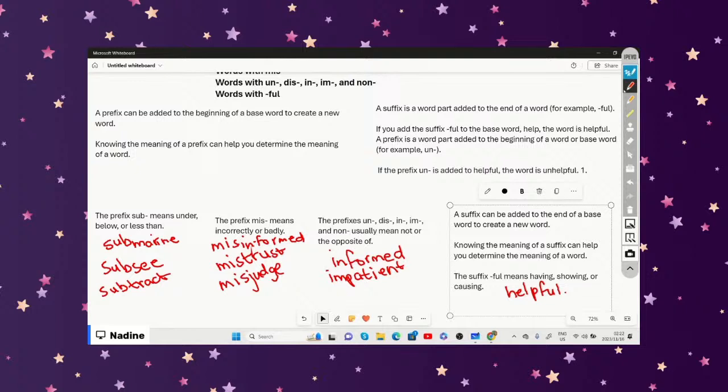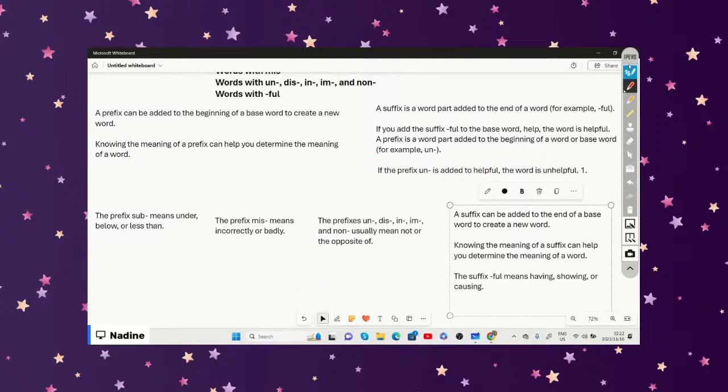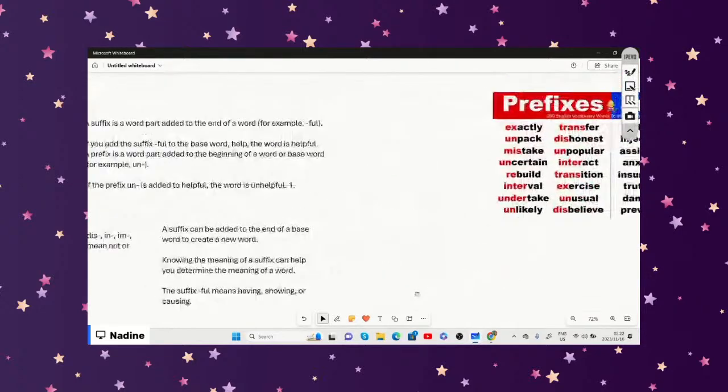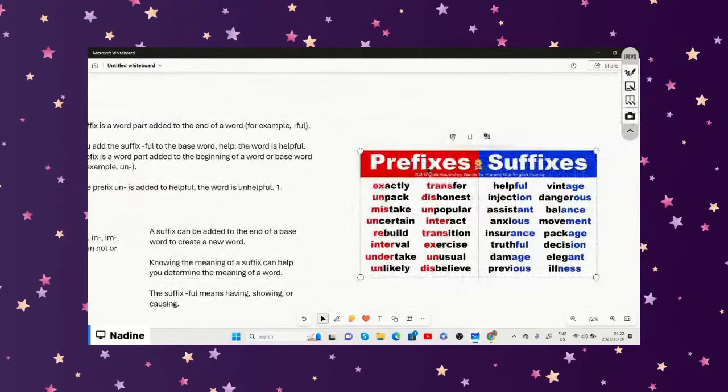All right. So here we have a few more examples of prefixes and suffixes, right? And the ones that we are specifically focusing on today are dis and mis.